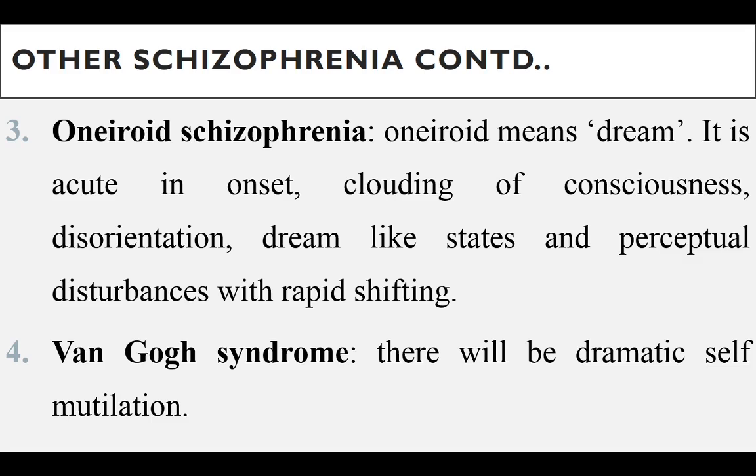They often ask what is Van Gogh syndrome. Okay, they have dramatic self-mutilation, or they are lost in their own fantasy world. Patients with Van Gogh syndrome are good at art. They dramatize themselves, but they have self-mutilation.